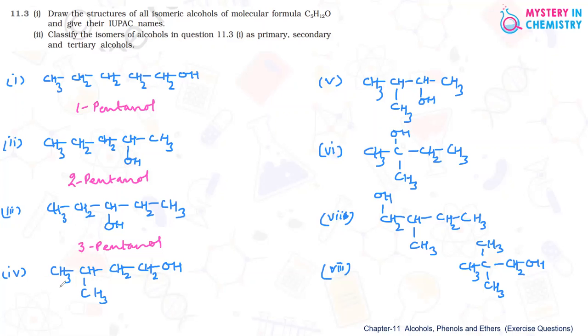And this is 1, 2, 3, 4. 4, that means butanol. 1-butanol it should be, and at the third carbon atom, 1, 2, 3, a methyl group is present. So you will write the name 3-methyl-1-butanol.